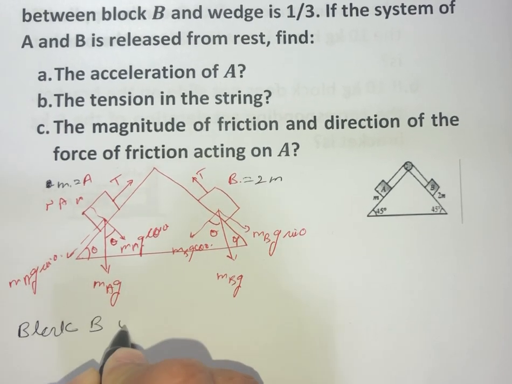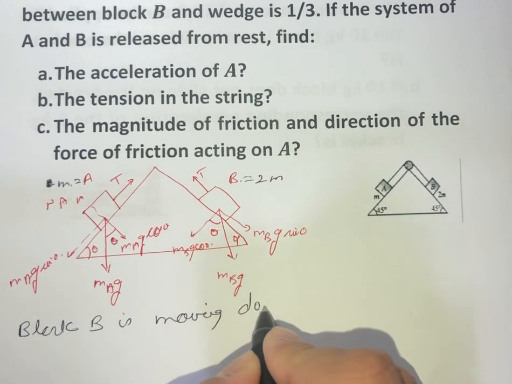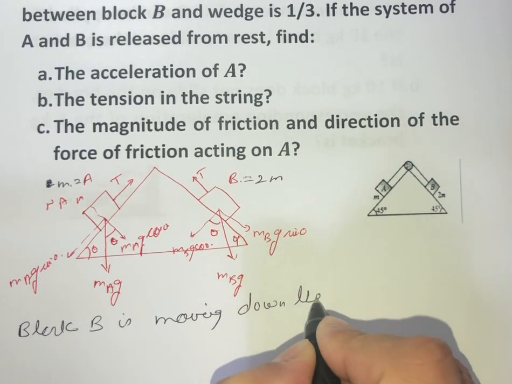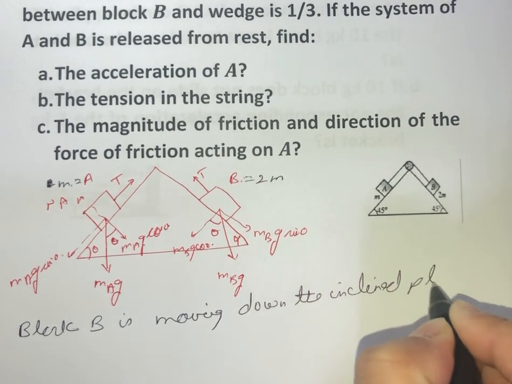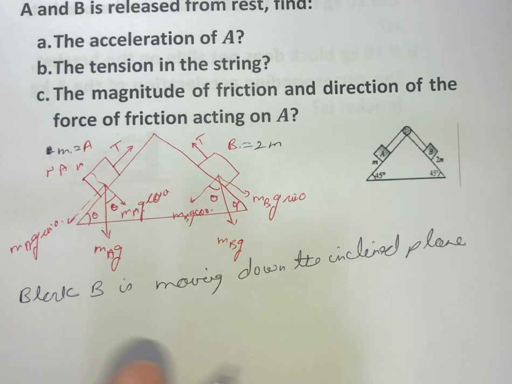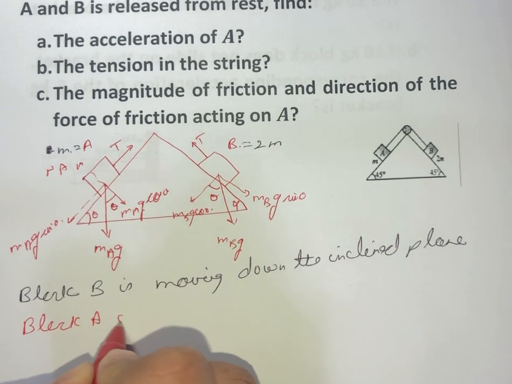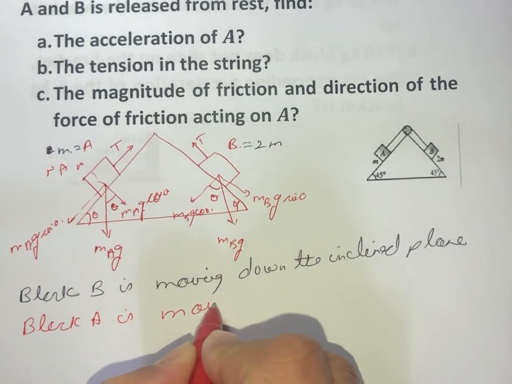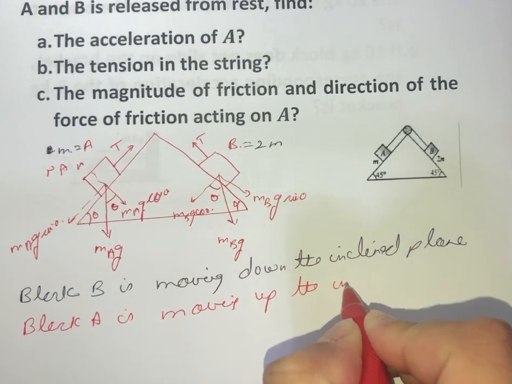Block B is moving down the inclined plane and block A is moving up the inclined plane.